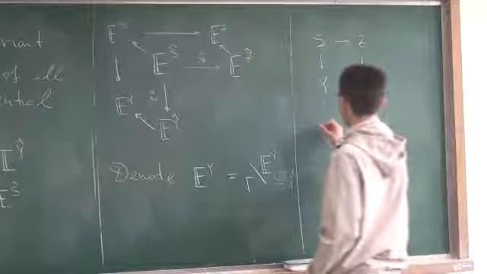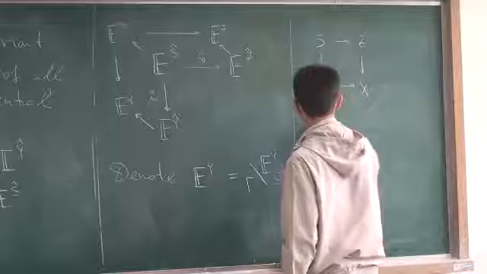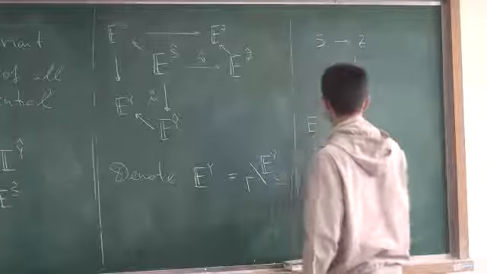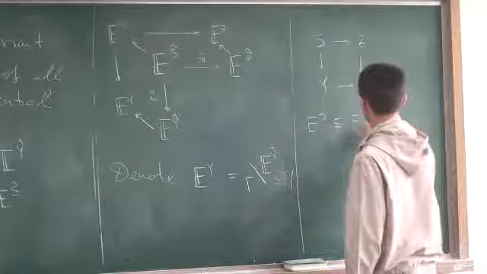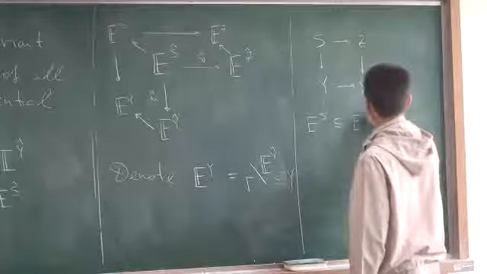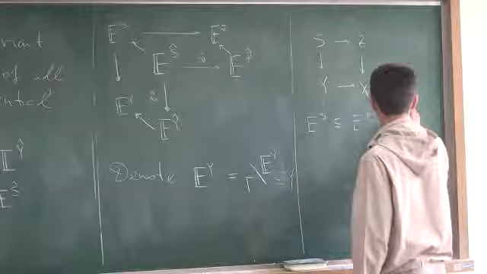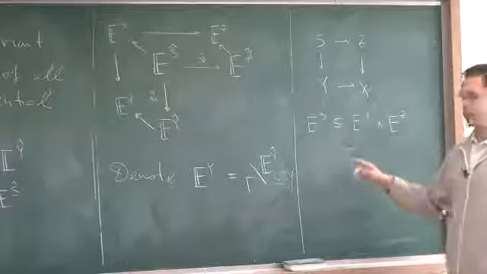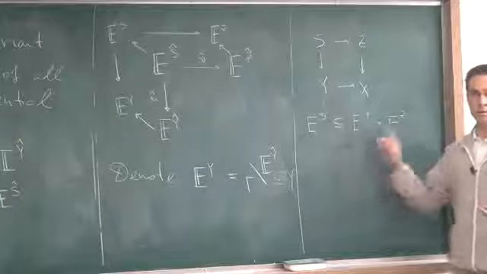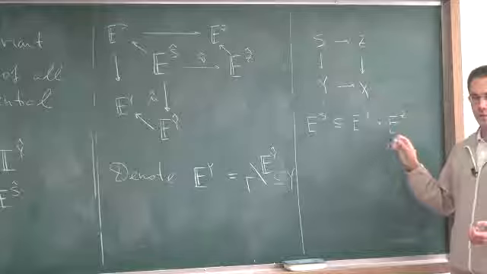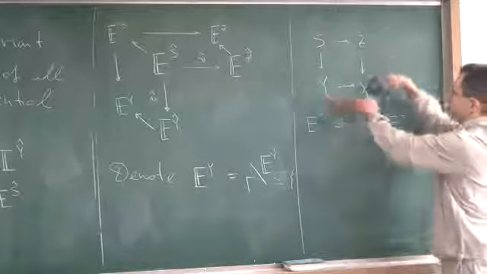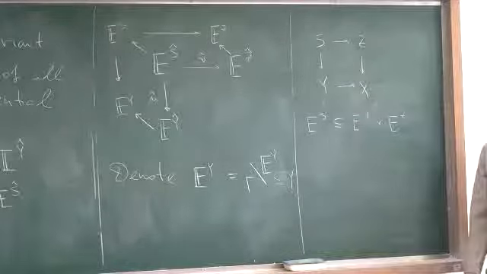So in particular, the set of edges in S can be viewed as a subset of the set of edges in Y cross the set of edges in Z. Right? Just by definition, an edge in S is a pair of edges. Not the whole Cartesian product, but only those pairs which map to the same edge in here.